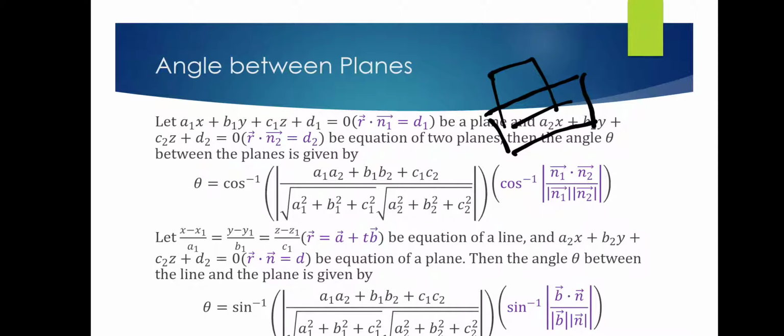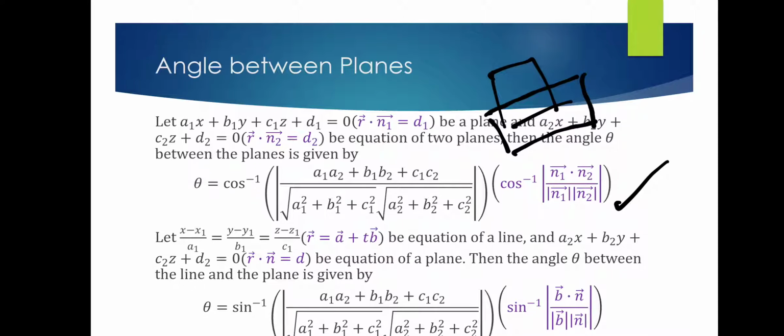In that case, we can't directly find the angle between the two planes, but instead we try to find the angle between the normals. Whatever angle is made by the two planes will be the same angle made by the normals. It is very hard to draw here. Whatever angle the two normals make, I can find by using the dot product formula, and that is exactly what I am using here.